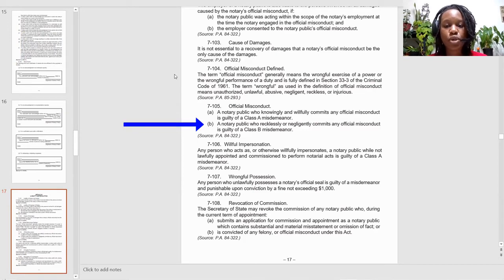Wow, so if you knowingly and willfully, it's a Class A. But if you recklessly or unintentionally, but it's still done, or the cause of your negligence and it's still done, Class B misdemeanor.